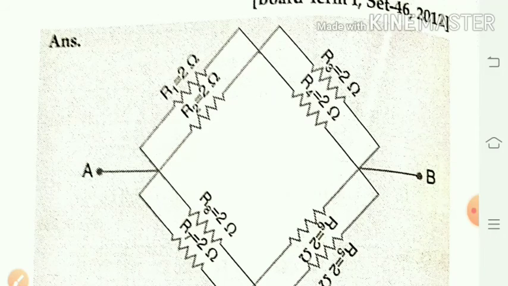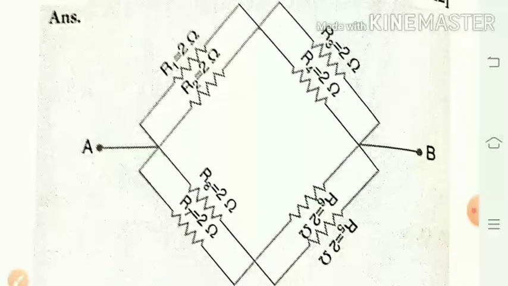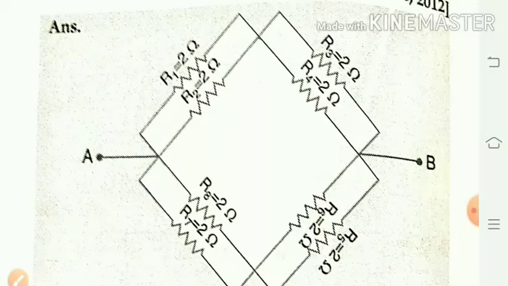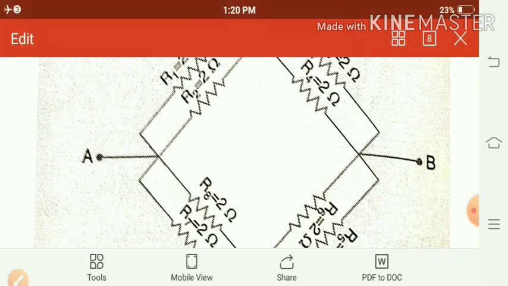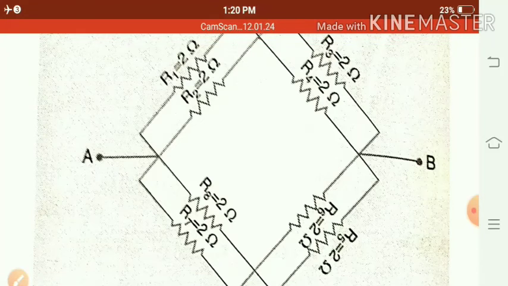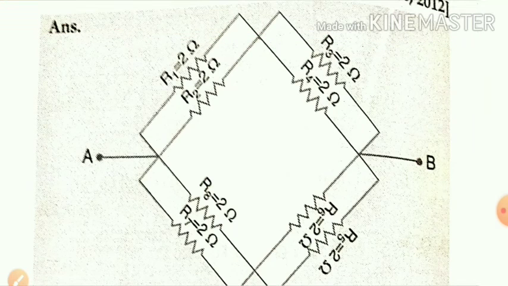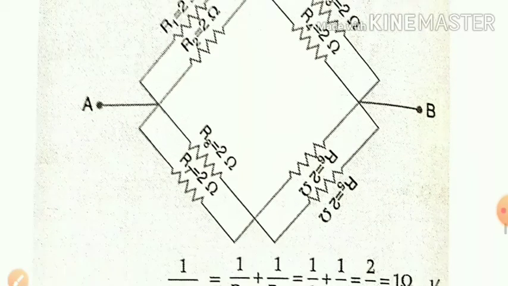A total of 8 resistors are connected, meaning some are in series and some are in parallel. Here R1, R2 are in parallel, R3, R4 are in parallel, R5, R6 are in parallel and R7, R8 are in parallel combination. We have to find the total resistance between the 2 points of the wire, that is A and B.